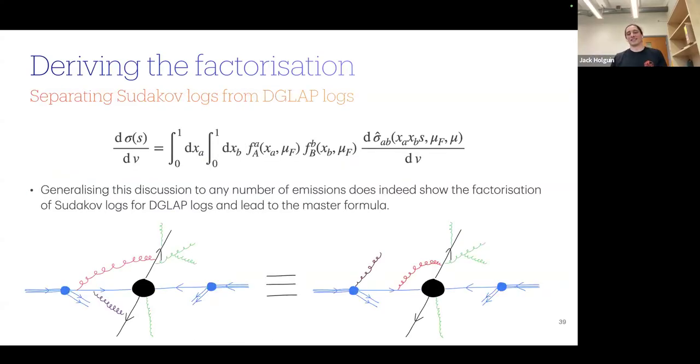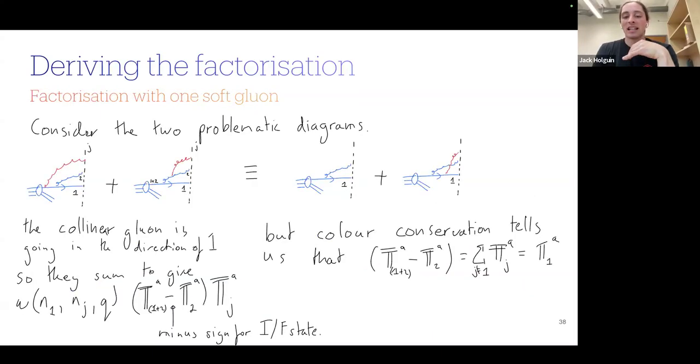Now, if you iterate this over and over for an arbitrarily large number of gluons, that does indeed let you pull out this collinear gluon from the red one. But an important step in this process is that the kinematic factor here, this omega, is the same for each of these different diagrams.